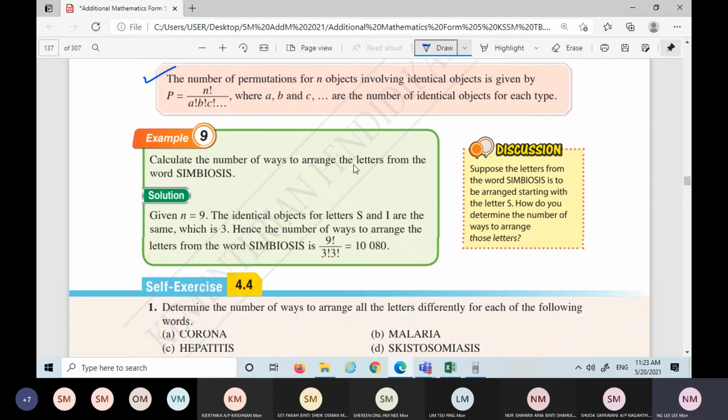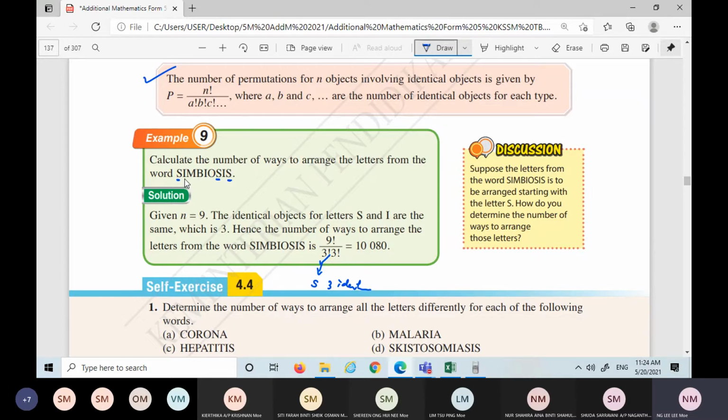Calculate the number of ways to arrange the letters from the word symbiosis. So now we want to see how many types of identical objects there are. Let us start with S. S has 1, 2, 3. Therefore, divide by the 3 factorial. The first 3 factorial belongs to the S because the S has 3 identical objects.